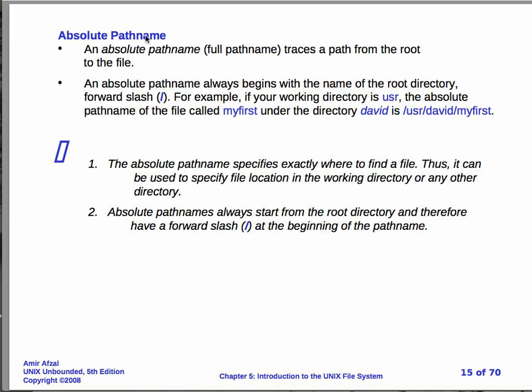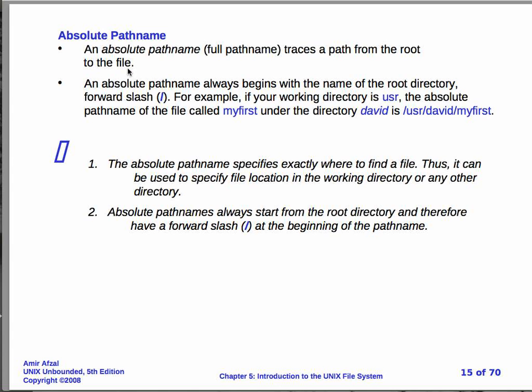An absolute path name, that is a full path name, traces a path from the root to the file. You're guaranteed that any file on your file system will have a unique absolute path name. Problem is, it might be very long.